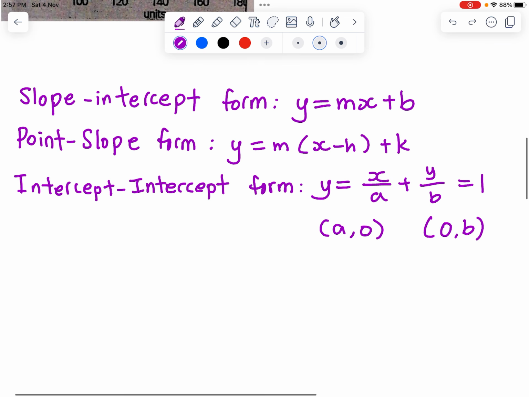There's also one more that we may not use for this practice today, but it is also useful. This is called standard form. Let me write the name first.